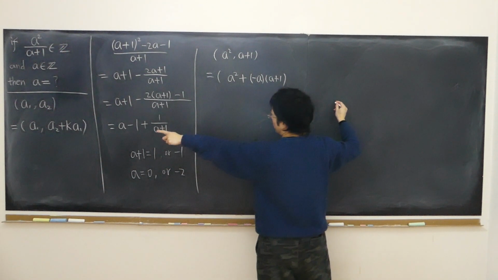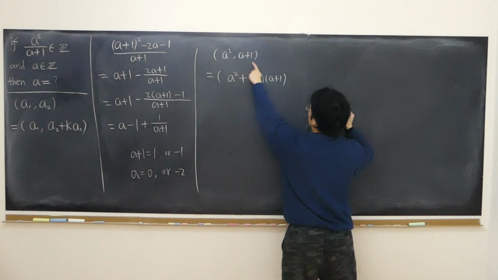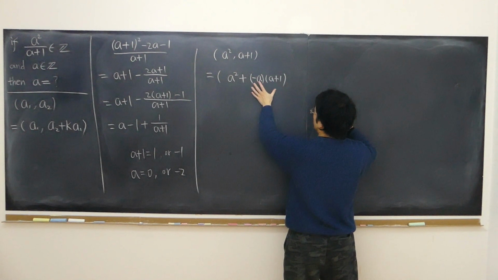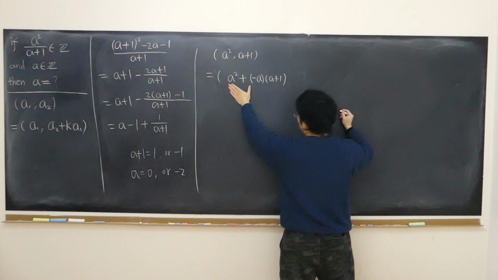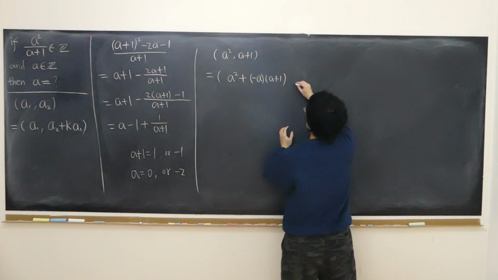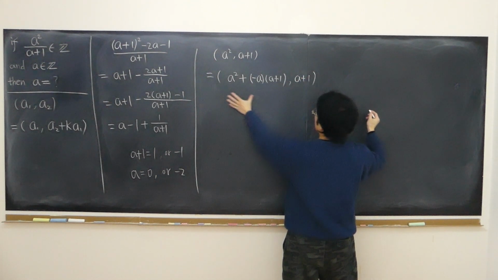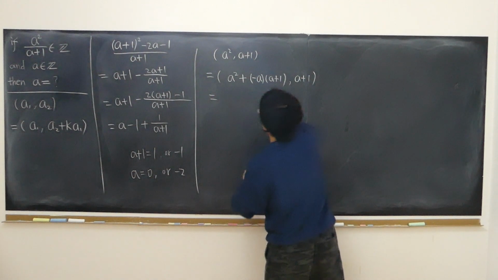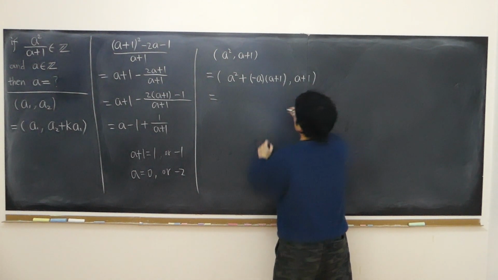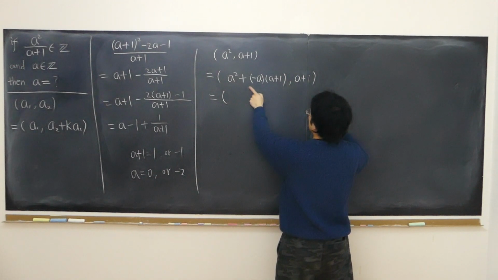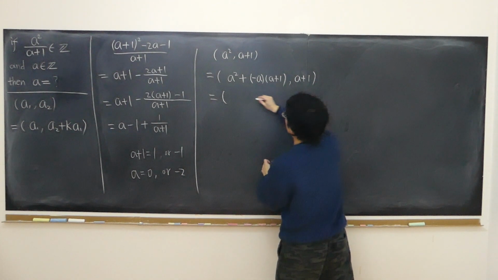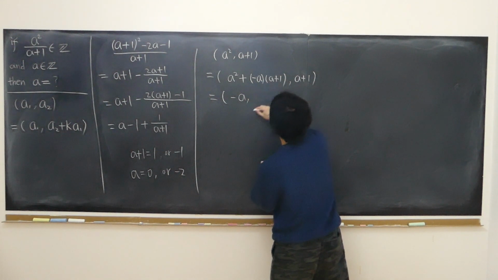According to my lemma, I've multiplied one of the numbers with some other integer and added that new integer onto the other number. That's this number, and a plus 1, still the same effect. And now I can cancel out the a squared. So minus a squared, and I have minus a coming out: minus a and a plus 1.